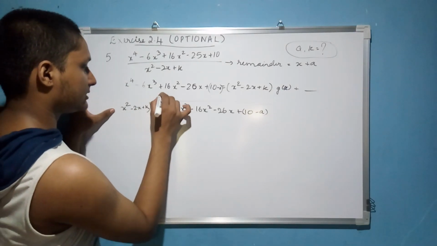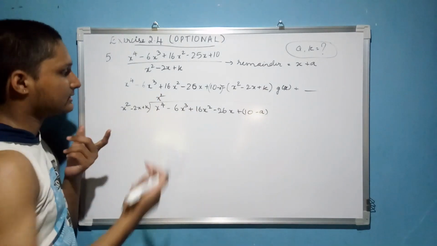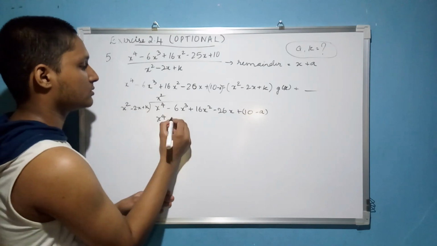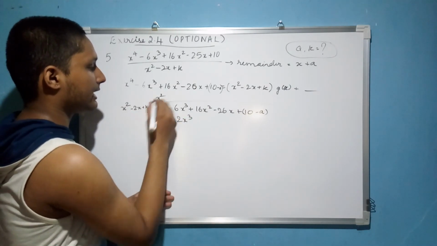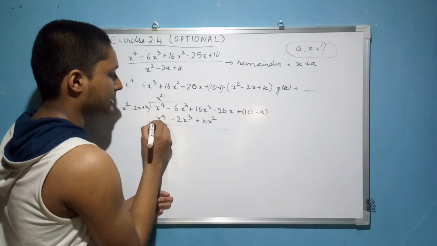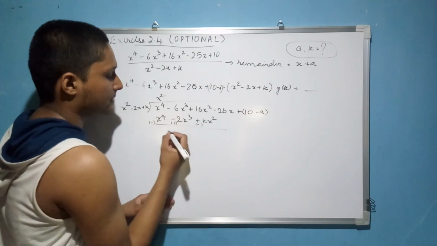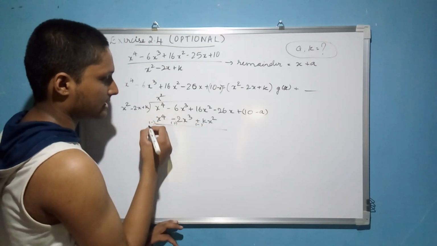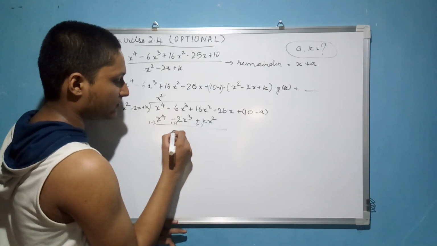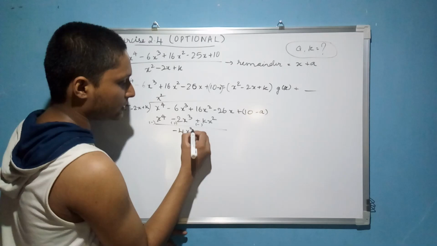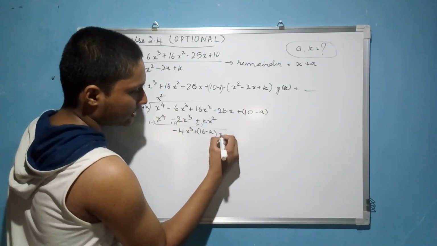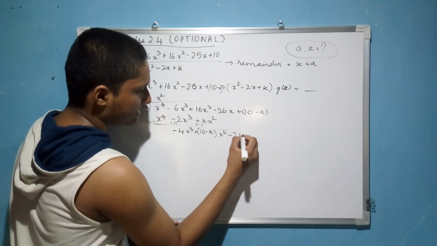As usual, x raised to 4 divided by x square gives x square. Multiplying, we get x raised to 4 minus 2x cube plus k into x square. Changing the sign and adding, this is cancelled. We have minus 6 plus 2, that is minus 4x cube, and 16 minus k into x square, minus 26x.